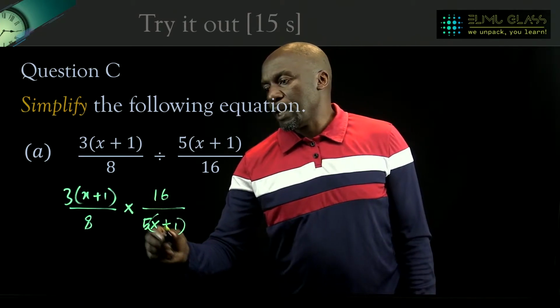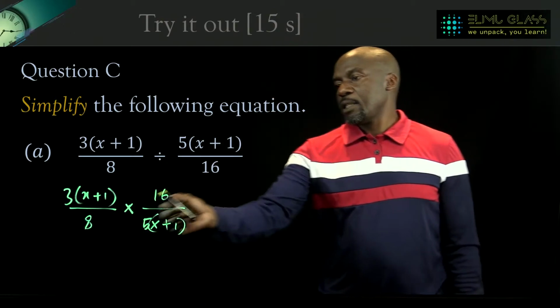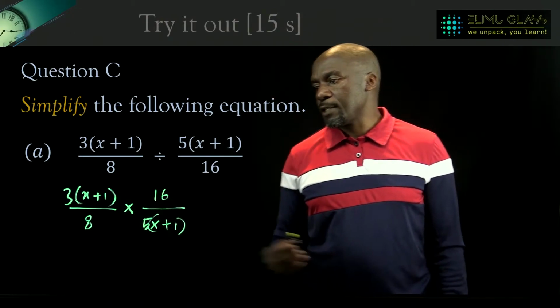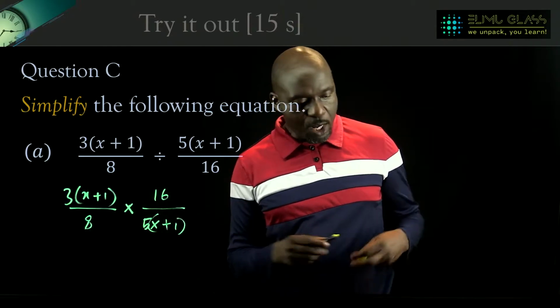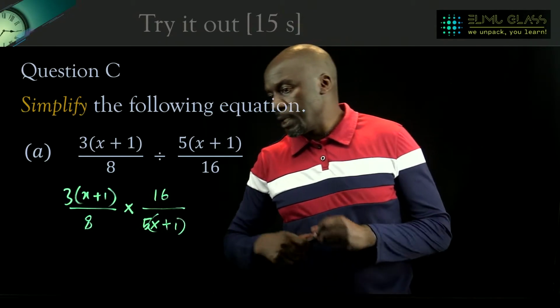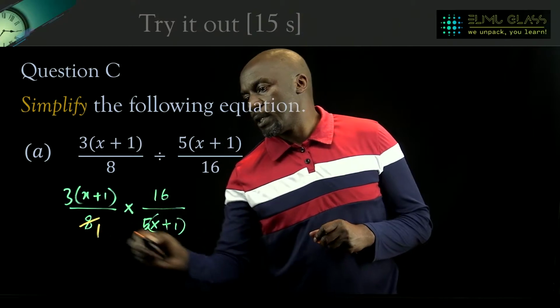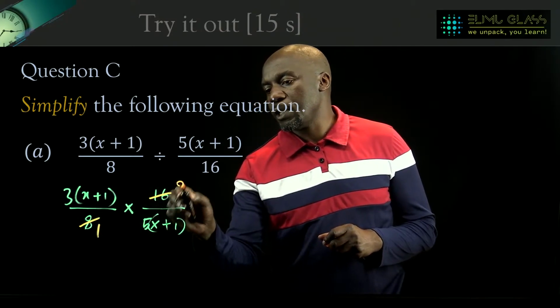And so when we multiply this, as you can see, this is a multiplication sign, so we can actually cancel. 8 goes into itself once, and 8 goes into 16 twice.